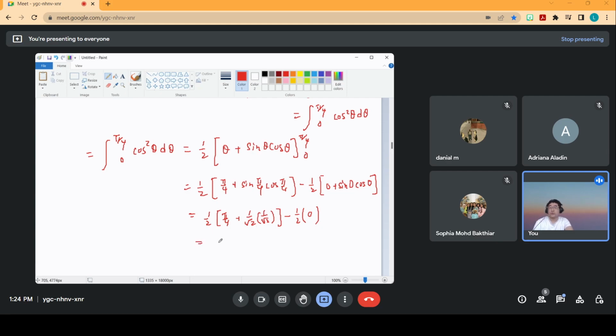So in the end, you have 1 over 2, 1 over 8 here with pi plus 2. So 1 and 2, 2 over 8. Yes, so this one is the answer: 1 over 8 of pi plus 2.